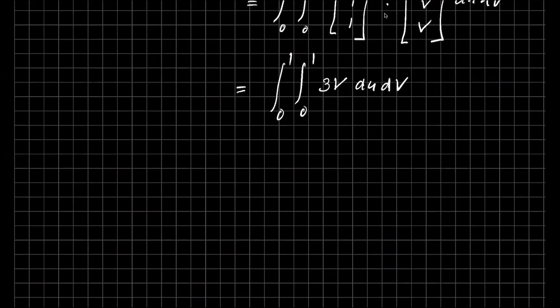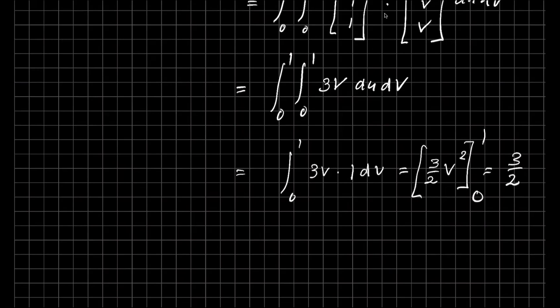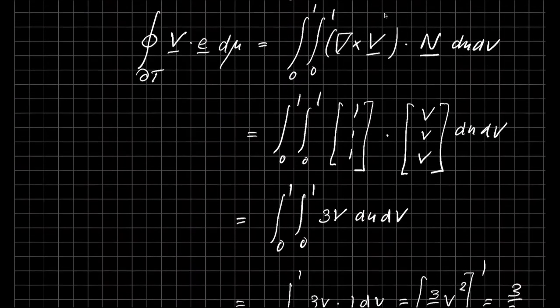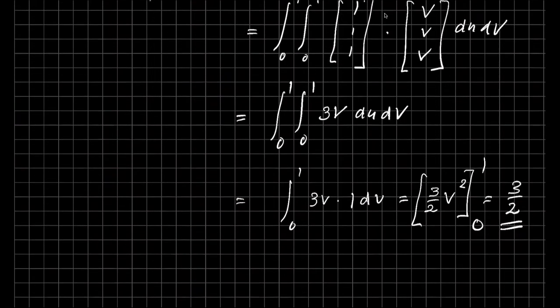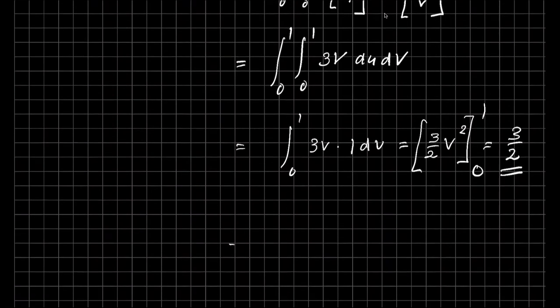Now, the integrand doesn't depend on u, so this will be the integral of 3v times 1. This will be 3/2 v squared from 0 to 1, and that will be 3/2. So this is the circulation in exercise 2.